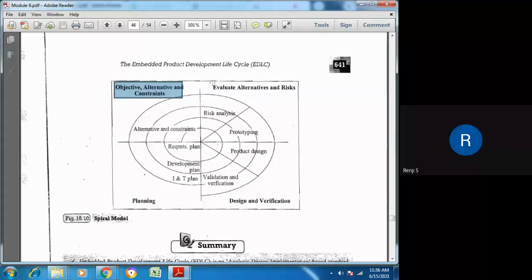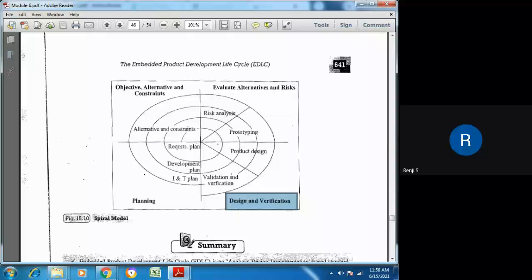Then evaluate alternatives and the risks that can happen in the system, and then design and verification. These are the 4 main activities carried out in the spiral model. But when the spiral loops through each cycle, it does the activities mentioned in the EDLC phases. All EDLC phases are carried out during each loop.